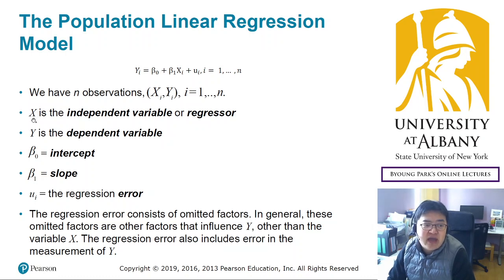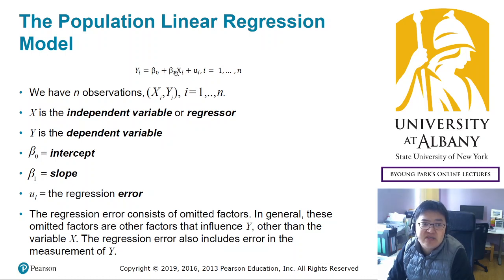We called x the independent variable, or regressor, or sometimes explanatory variable, because the role of x is to explain the y. So if you imagine test score is here and student-teacher ratio is here, then implicitly we assume that the test score is a result of the student-teacher ratio.